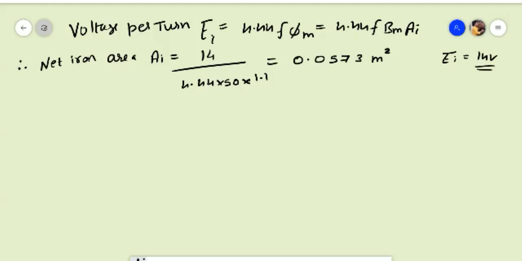Okay, and then what we have to do is find the diameter of the circumscribing circle.